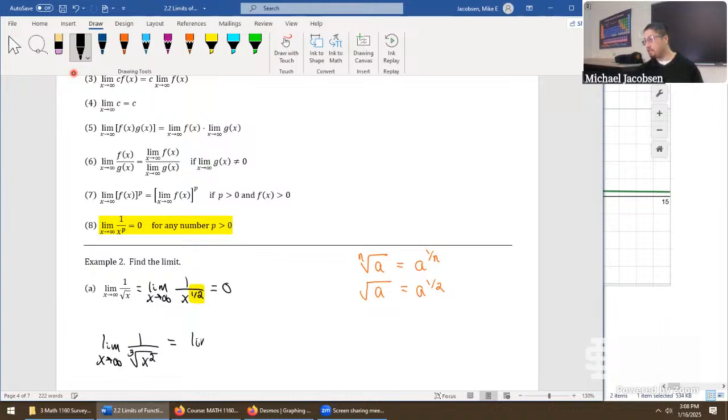Then this would be the limit as x goes to infinity of 1 over x to the 2/3. So if you have a power 2 here and you're taking a cube root, this would turn into x to the power 2 thirds. The critical thing that's happening is that whatever that is forms a denominator. And if it's missing, like over here, the denominator is 2. Yeah, question over here?